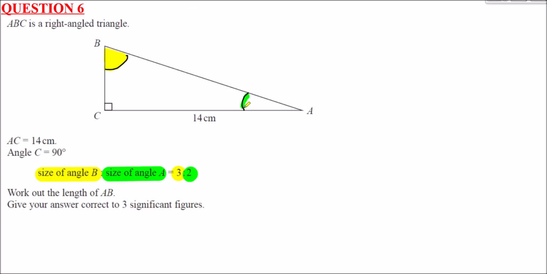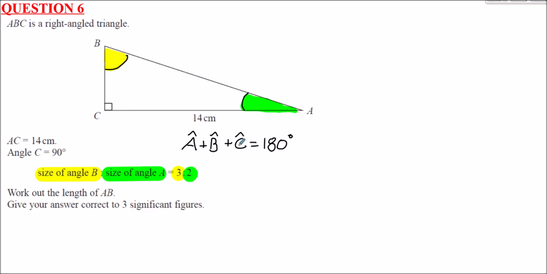So we're told angle B is 3 parts big, angle A is 2 parts big. So essentially this boils down to a ratio type problem because we need to find out the size of either B, A or both. But this all hinges on basic knowledge of angles inside a triangle. Inside a triangle, all the angles add up to 180 degrees. So we know this one's 90, and so what we can say here is angle A plus angle B plus angle C needs to add up to 180 degrees, because it just always does.